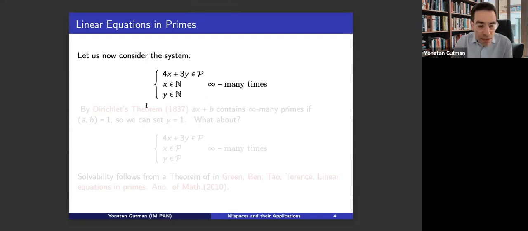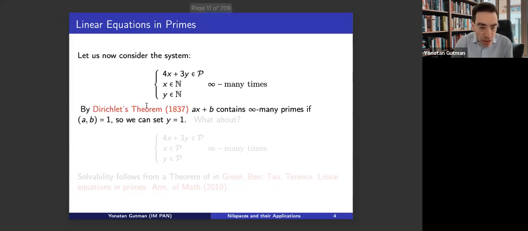Now let us consider the system: 4x plus 3y is a prime, x is an integer, and y is an integer, infinitely many times. This system we can solve because by Dirichlet's theorem, ax plus b contains infinitely many primes if a and b are coprime.